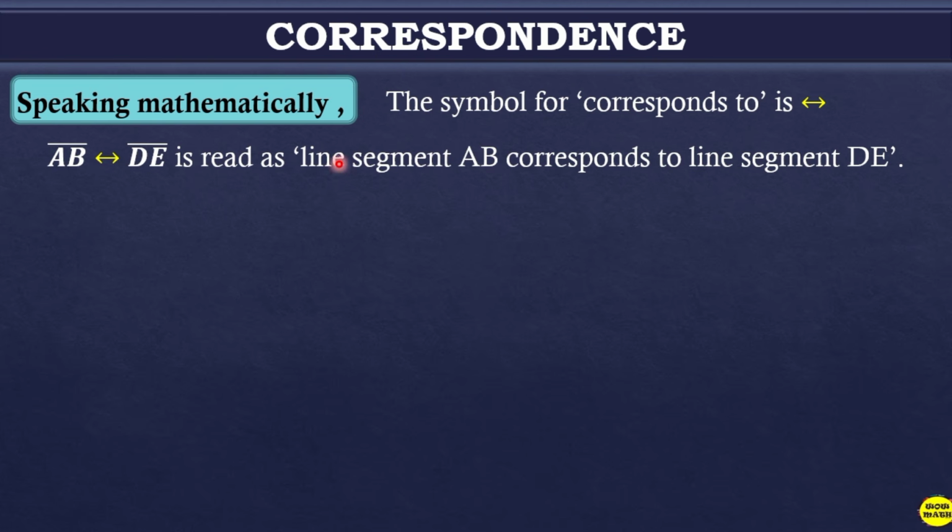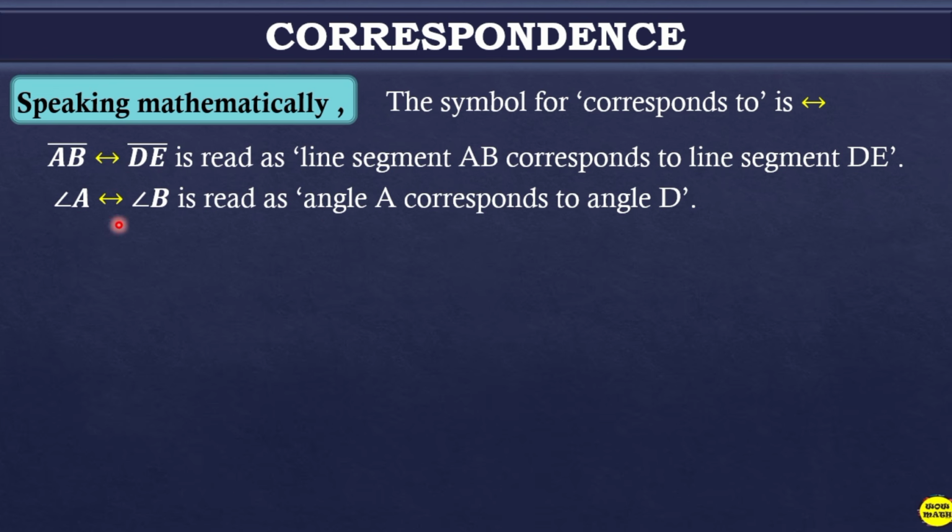So line segment AB corresponds to line segment DE. Another, this is read as angle A corresponds to angle D. So we should know how to read this symbol.